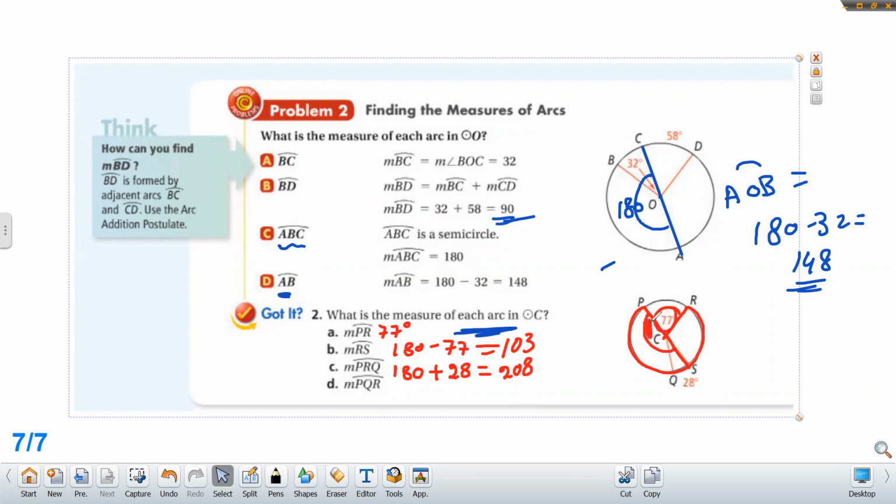All of this you know: the first one is 180, this is 180, and here is 77, and all of the circle is 360. If I need BQR, this is the angle that I need.